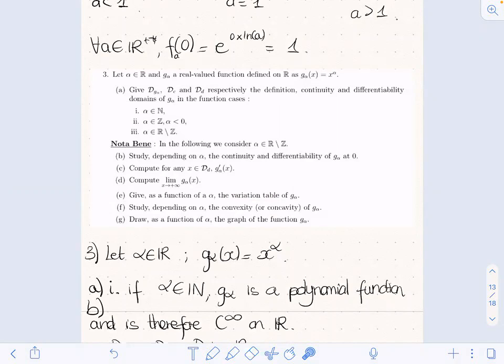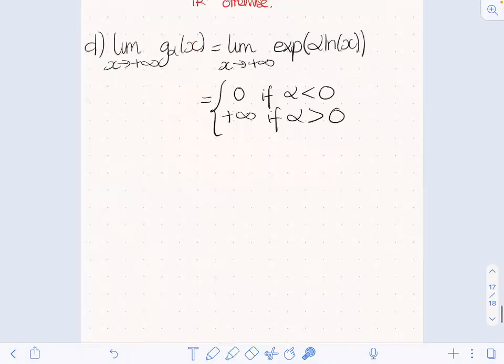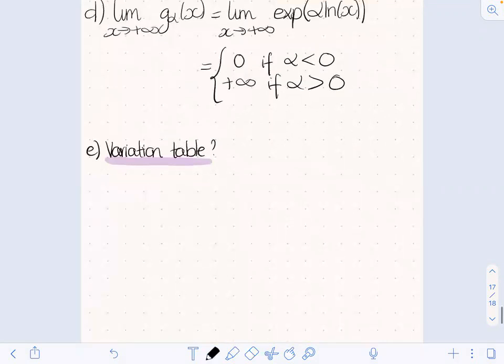So let's first have a look at the variation table of the function. We're going to have 3 variation tables, depending on the values of alpha. So we have 3 cases. We're going to have alpha strictly negative, alpha between 0 and 1, and alpha greater than 1.